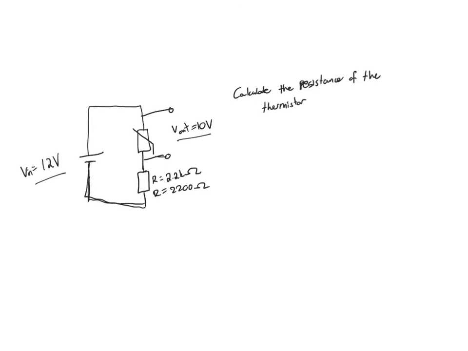So what we need is our equation. You could do it in a different way as well. If you want me to do that in class, let me know. So you will have the resistance of the thermistor that you need to calculate, divided by, since this is the V out across it, the resistance of the thermistor plus 2200, times the V in, which is 12 volts.